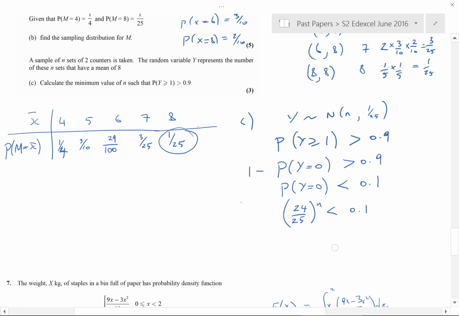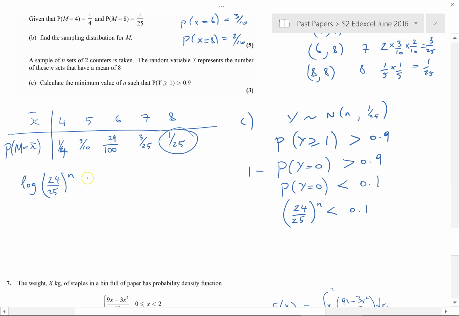And they will allow you to use trial and error here, but I'm going to use logs. If we take logs both sides, the log of 24 over 25 to the n has got to be now, it's a bit funny with the inequality here.